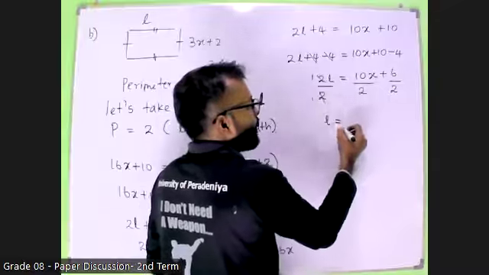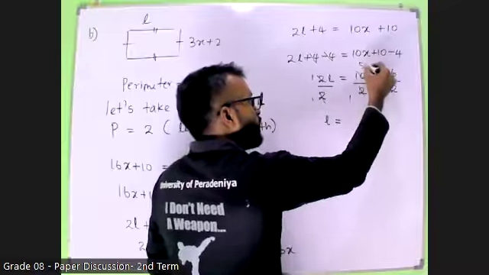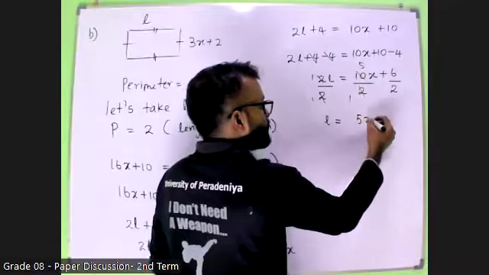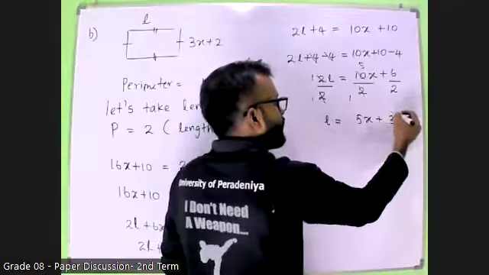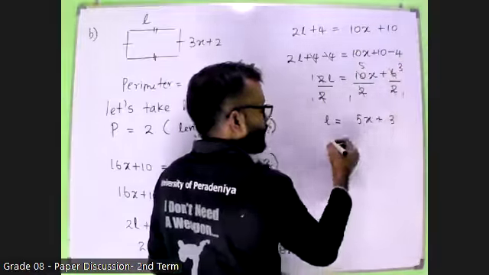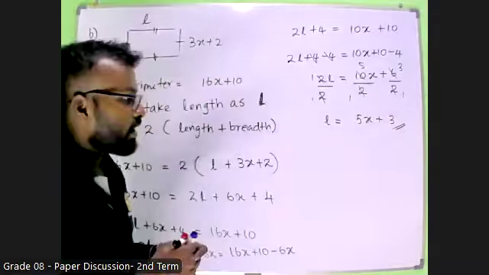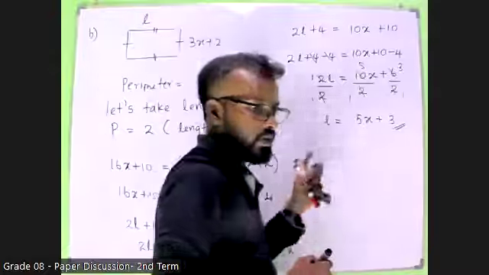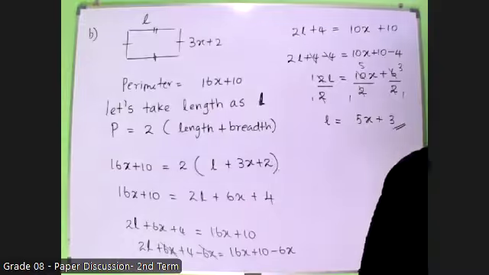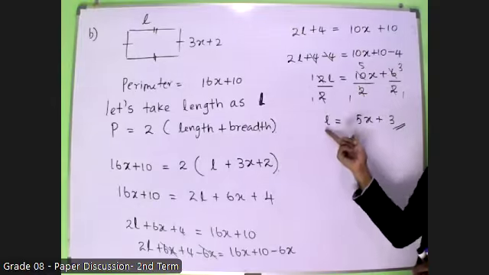L equals 2 times 1, 2 times 5, 5x plus 3. 2 times 1, 2 times 3. So the length is 5x plus 3. L equals 5x plus 3. So this is the algebraic expression for the length.